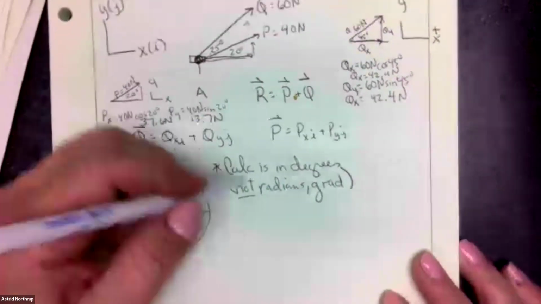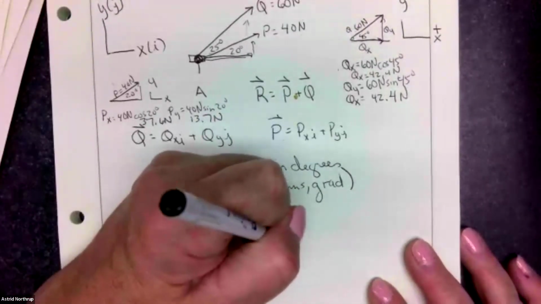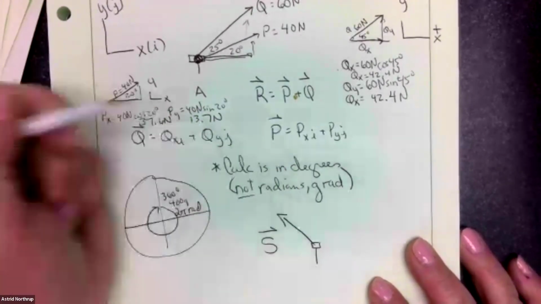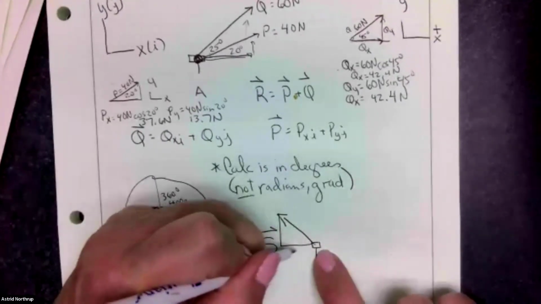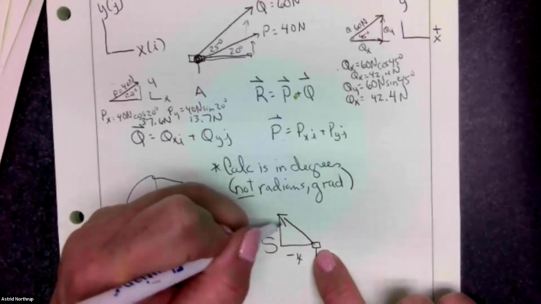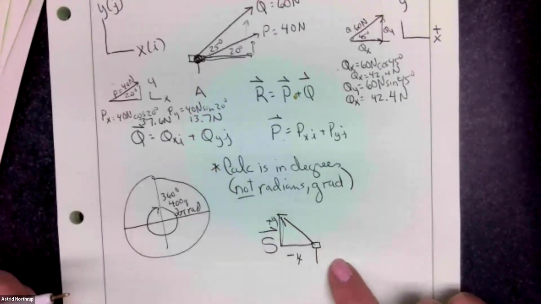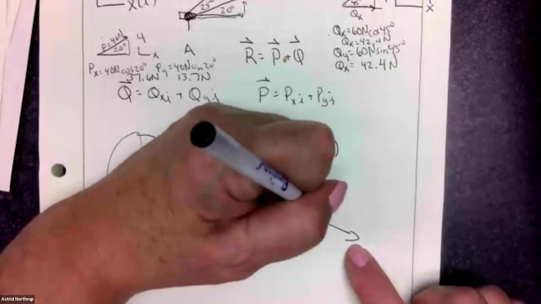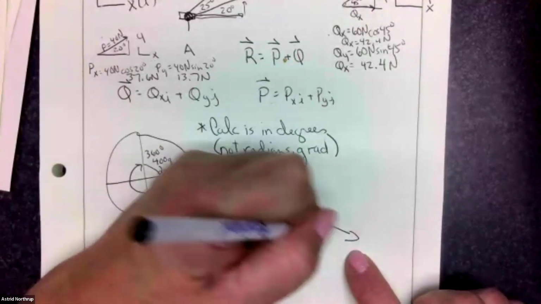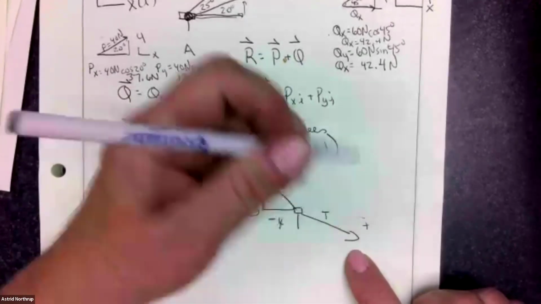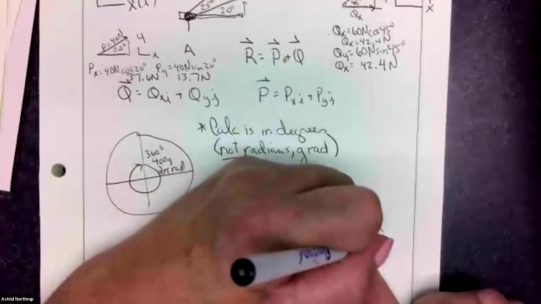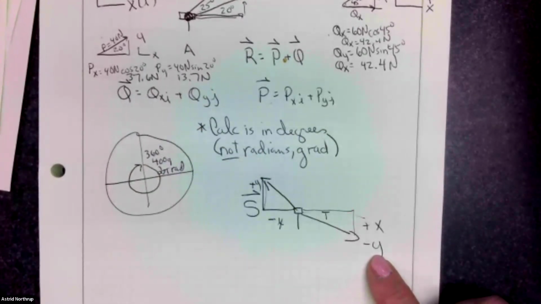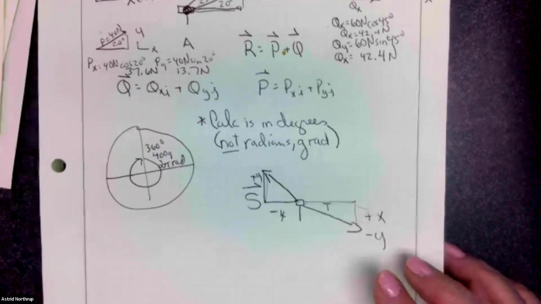If we had a different vector, let's say S, attached to that nail head, and S was like this, this is negative in the X direction, but it goes up, so it's positive in the Y direction. If you had it attached like this, it goes over to the right, so that's positive in the X direction, but it also goes down, so it's negative in the Y direction. So at that point, before you add, you have to make a decision as to whether they're both positive or one's positive, one negative, and so forth.